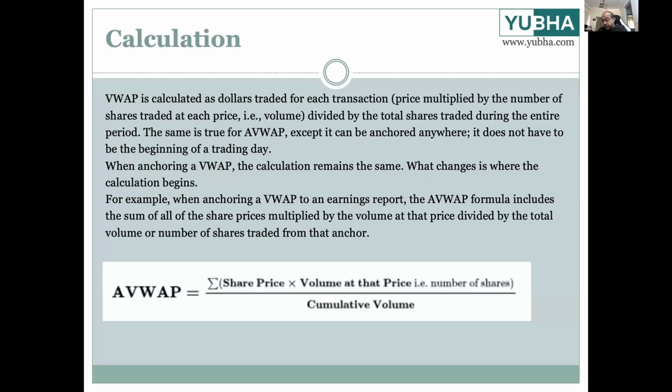Okay, perfect. So coming to the calculation. The calculation is quite simple. It's really taking the share price at which the trade happened into the volume at that particular price. So 100 into 5 trades, 101 into 10 trades, 102 into 2 trades.